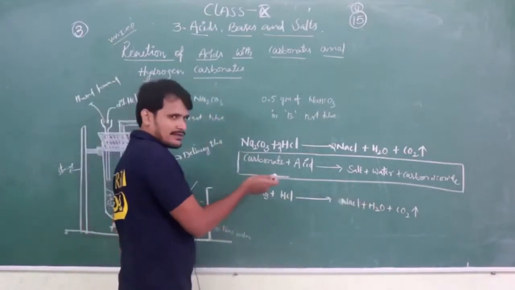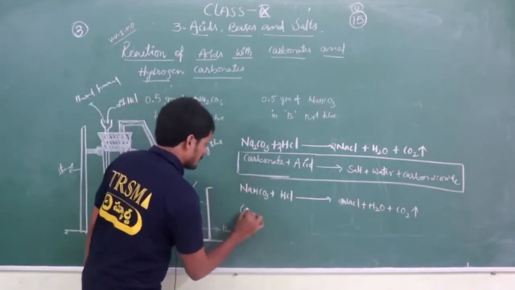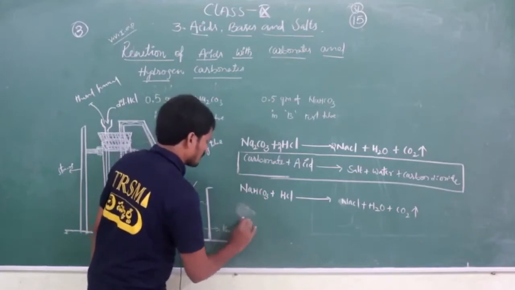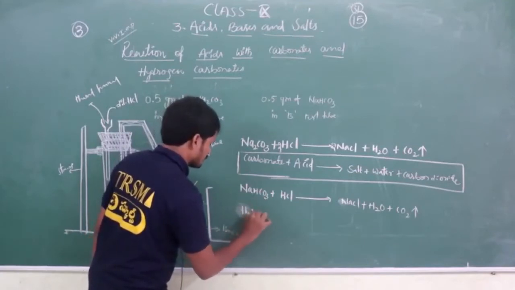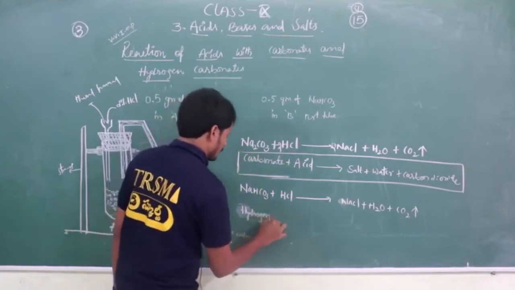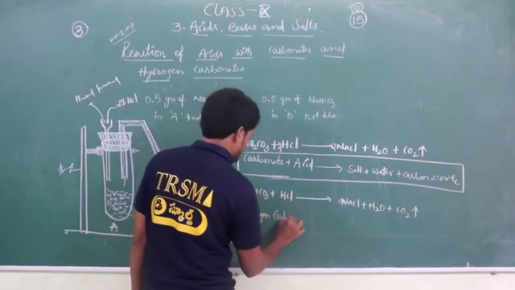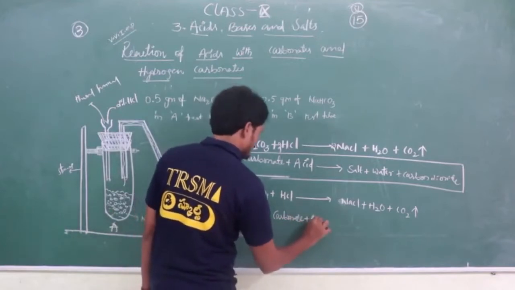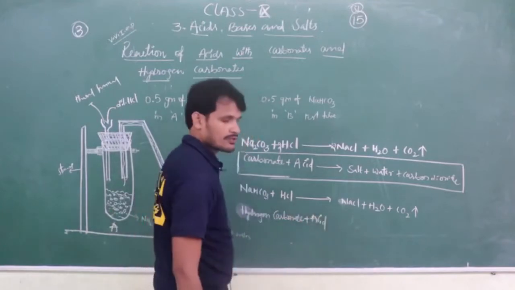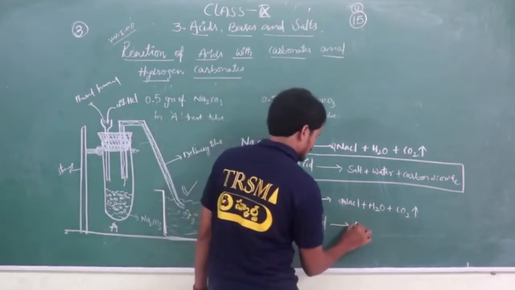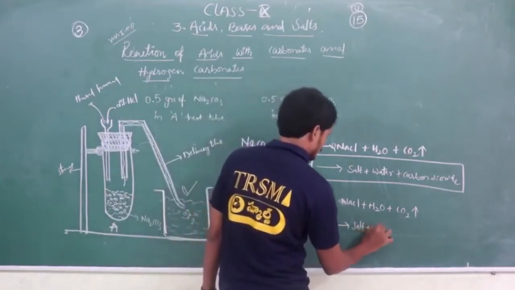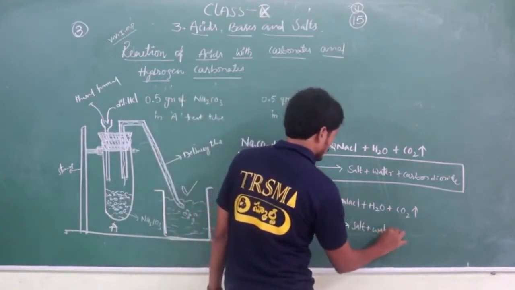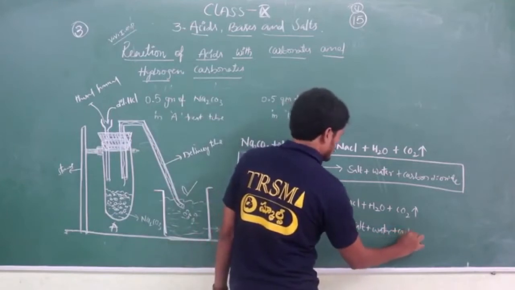Let's write this general formula also: hydrogen carbonate plus acid produces salt, water and carbon dioxide.